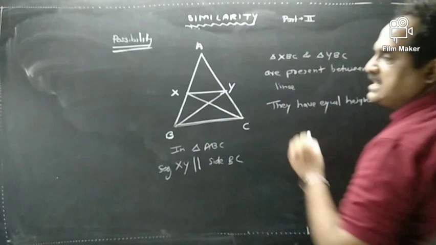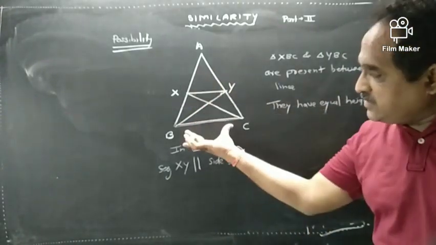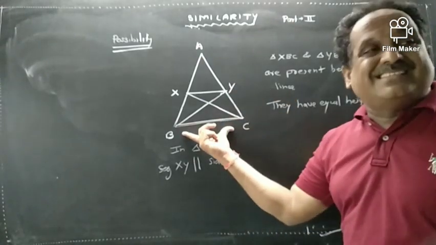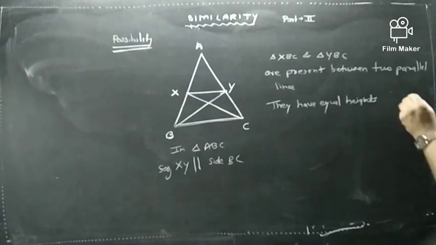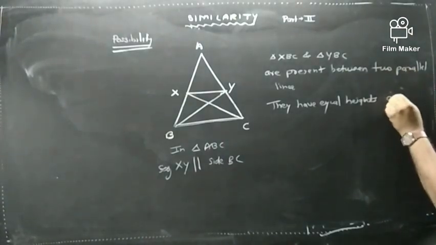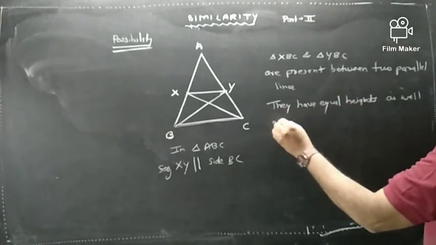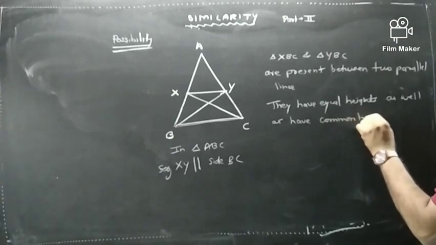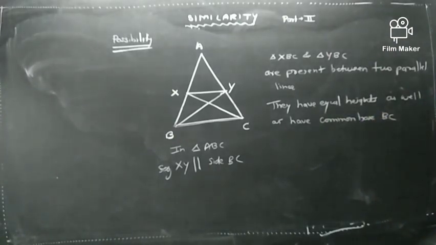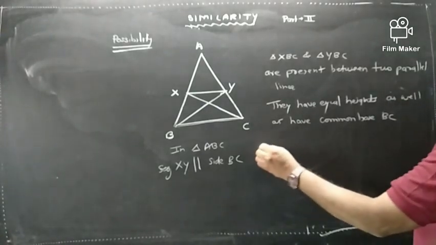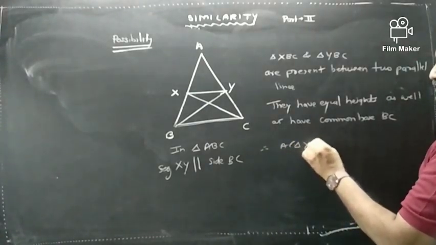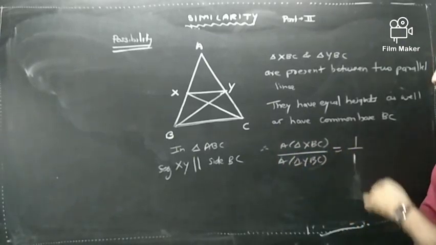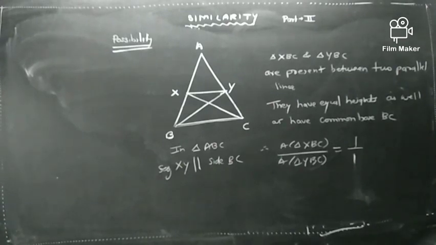I can consider BC as the base because we have considered this as height. And YBC's base? BC is the base, means both have a common base. Which is the common base? BC. Therefore, I can say that area of triangle XBC upon area of triangle YBC is equal to 1 upon 1. This is the property.